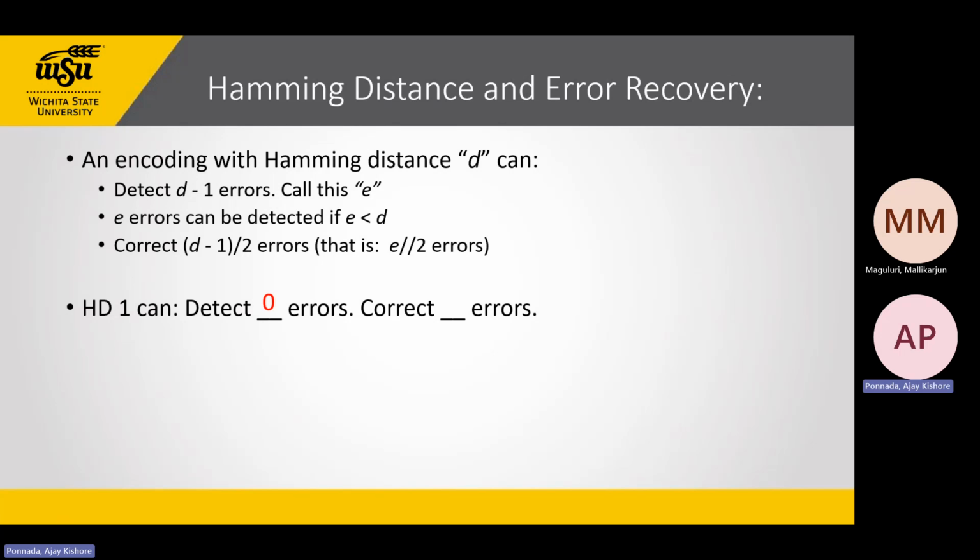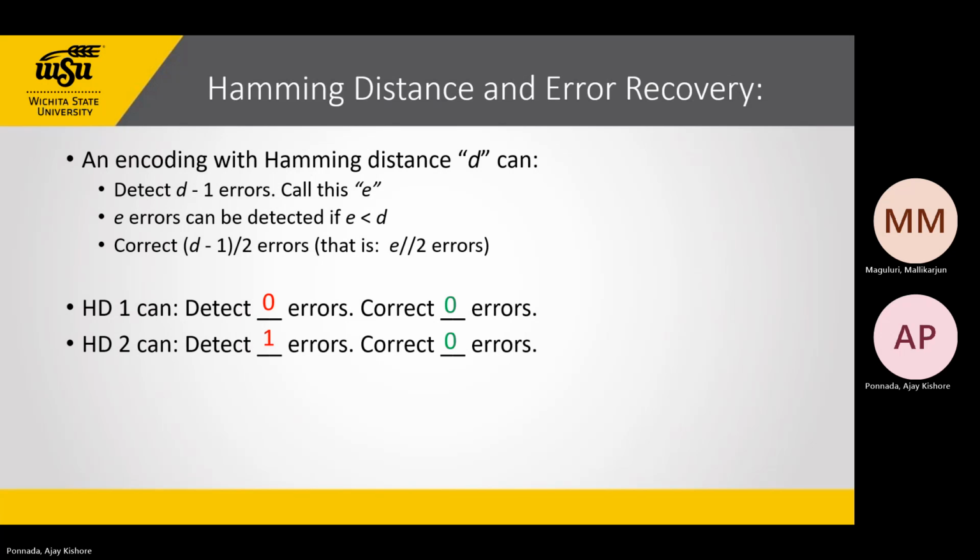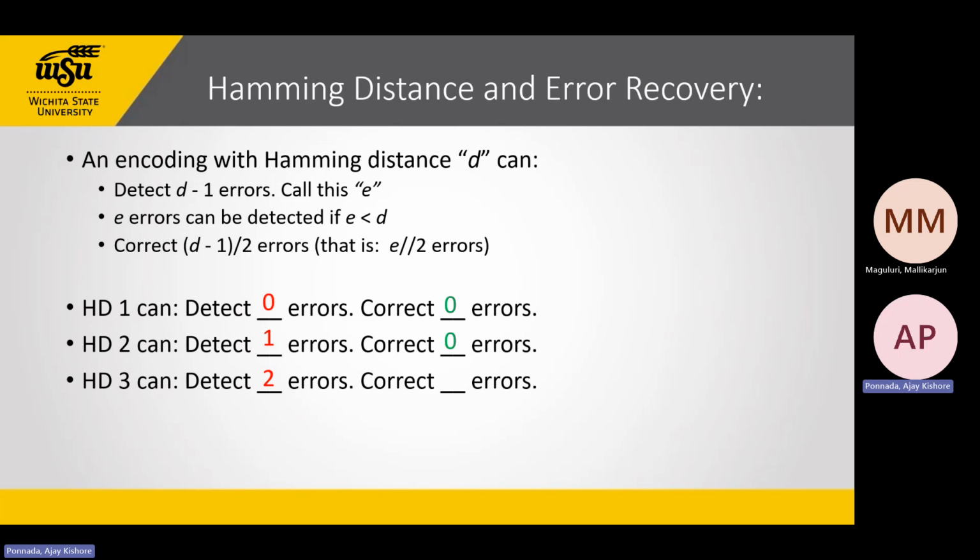So Hamming distance 1 can detect 0 errors, since 1 minus 1 is 0, and it won't correct any error. Hamming distance 2 can detect 1 error and correct 0 errors. What will Hamming distance 3 detect? 2, that's 3 minus 1, and correct 1 error.